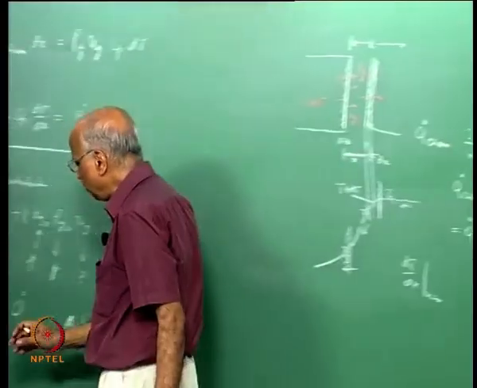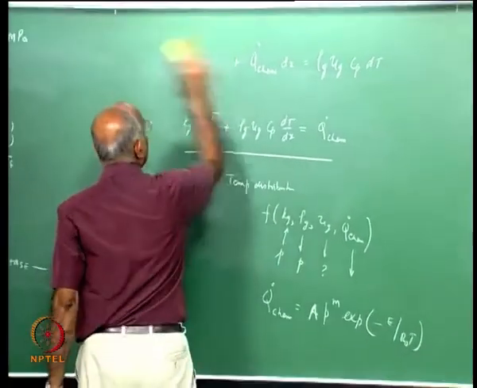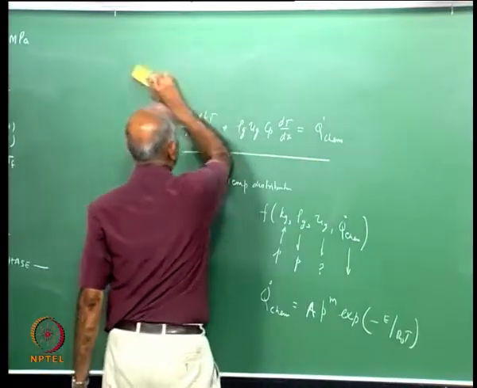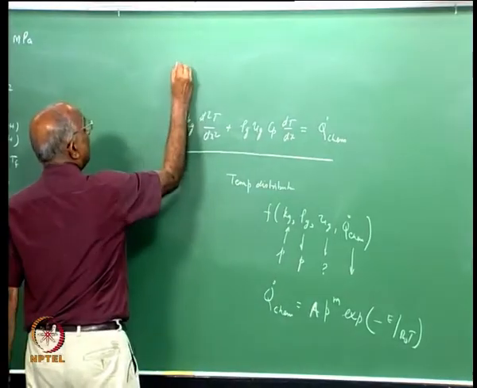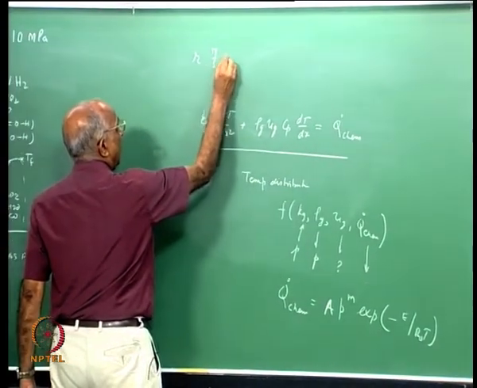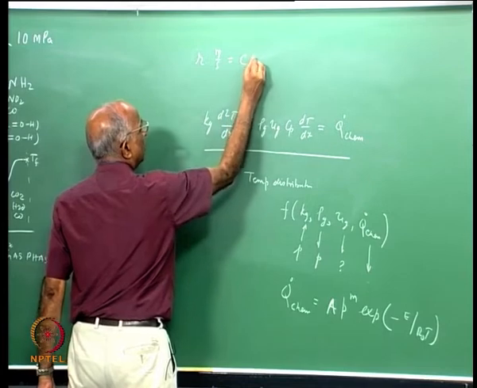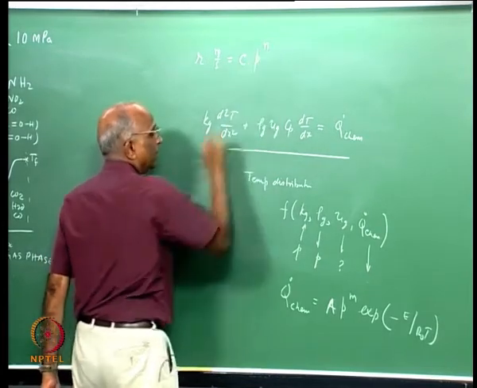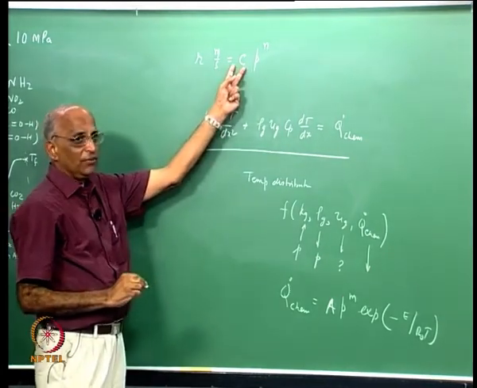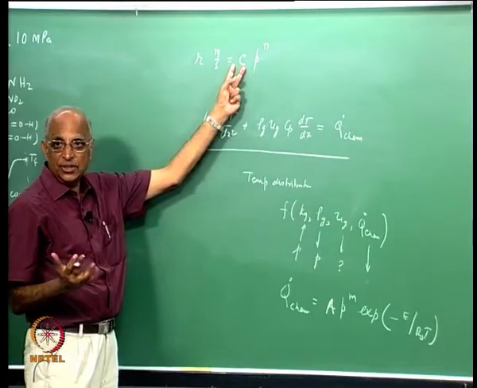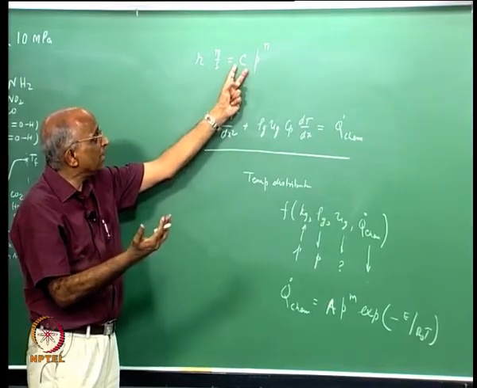Therefore it is possible for us to write the burning rate r, let us say in meters per second, as equal to a constant into pressure to the power n, where this constant C will take care of activation energy, maybe the other composition and other features.